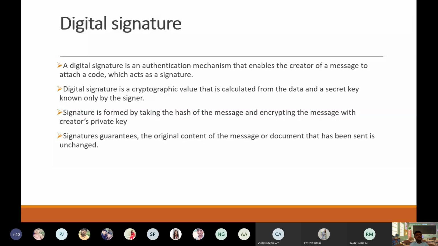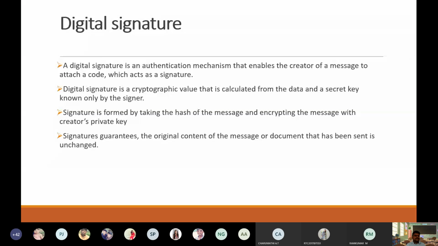Simply put, in your mail, if you draft some mail, a checkbox will be there at the end of that page asking if you want to use this as a digital signature. If you click that checkbox, the tick mark will be shown there, right?